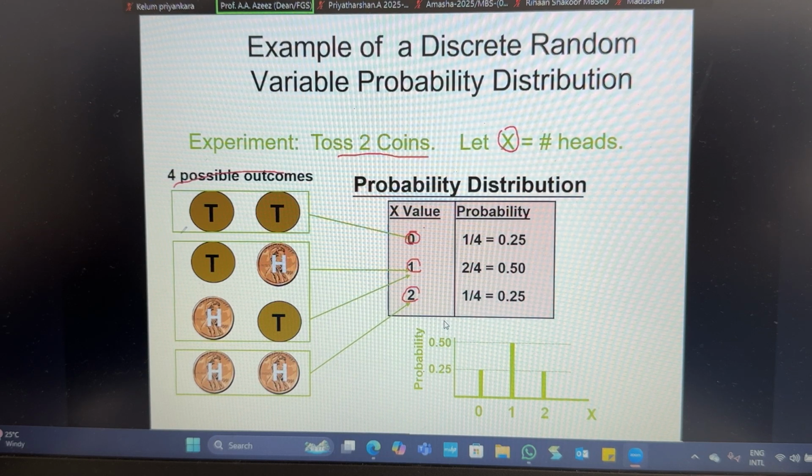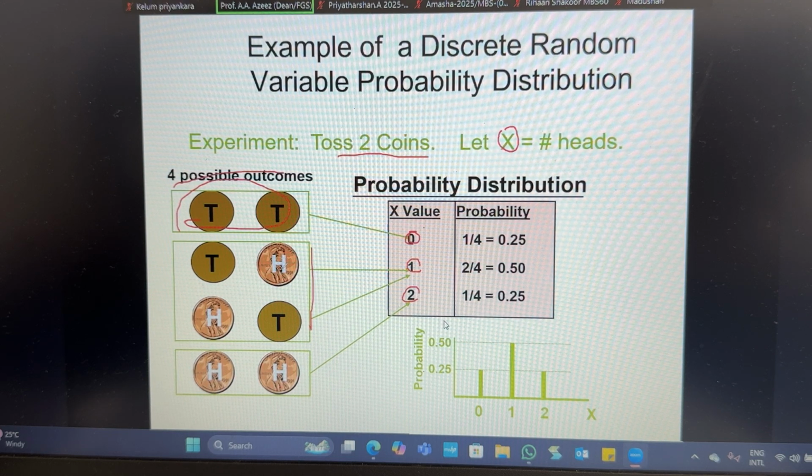Only one outcome gives no head, so out of 4 it is 0.25. Two outcomes give one head, so 2 out of 4, which is 0.5. Both heads is only one outcome, so 1 over 4, 0.25.